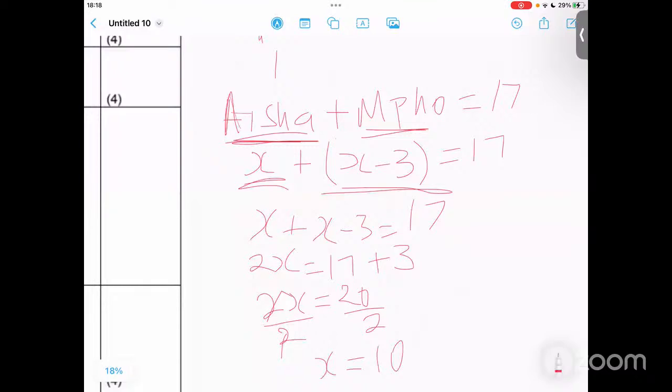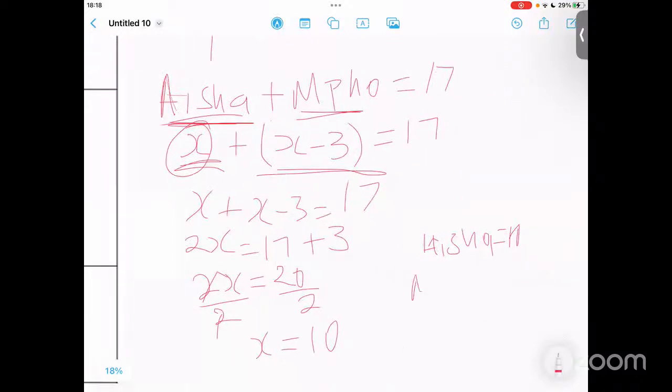So that means Asia is 10. Asia is equal to 10 years old. And then the other one, which is who? Mpho. Mpho is equal to 10 minus 3 because x is equal to 10.